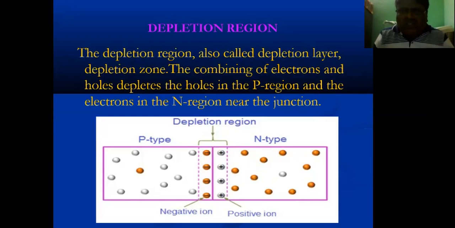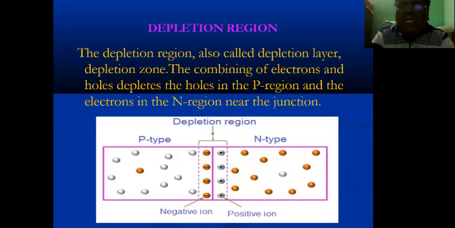The majority electrons that come to this side automatically become minority, and the majority holes that come to this side automatically become minority. So these holes and electrons combine near the junction. Whenever voltage is applied, these electrons come this side and these holes come this side, and automatically some layer is formed. That layer is called the depletion layer. That area is called the depletion region. That area is called the depletion zone.